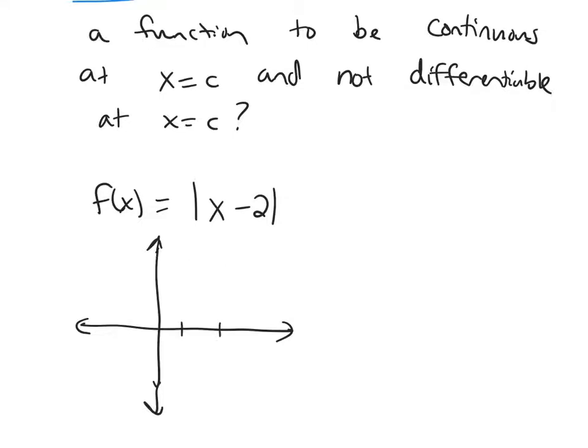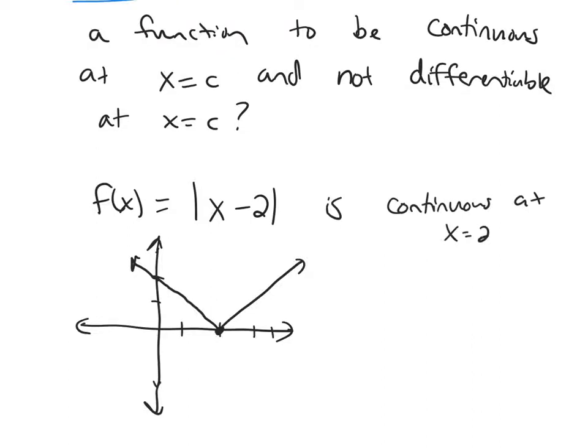You move it over to 2, so here's what my function looks like. And is this function continuous at x equals 2? And the answer is yes. This function is continuous at x equals 2.